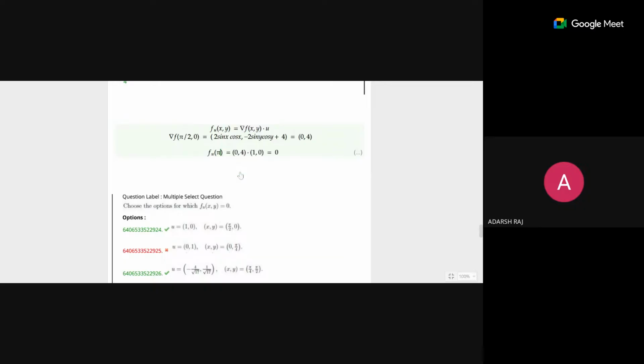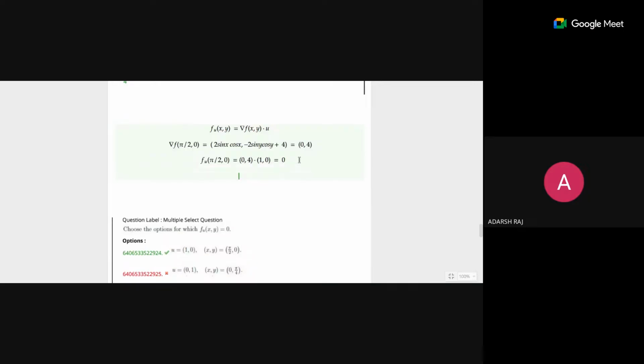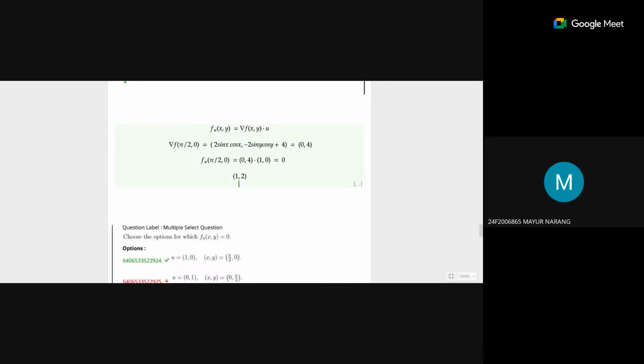Here u is the unit vector. A unit vector is calculated using the norm. Suppose we have a vector 1 comma 2.